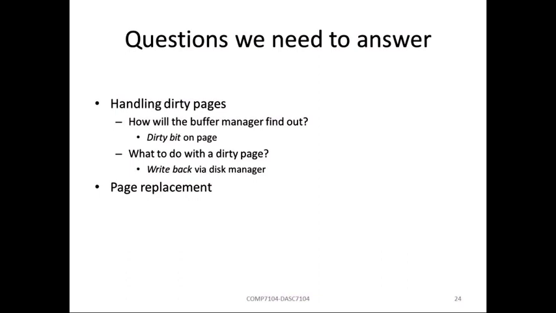So for now, let's just assume that the page is written back to disk only when two conditions are met. It must be replaced. It has been chosen as the one to be replaced by a newly requested page that must be brought from disk to main memory.